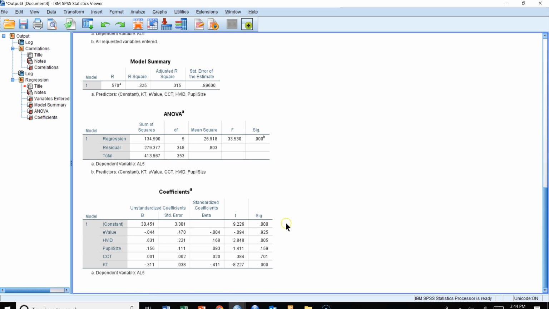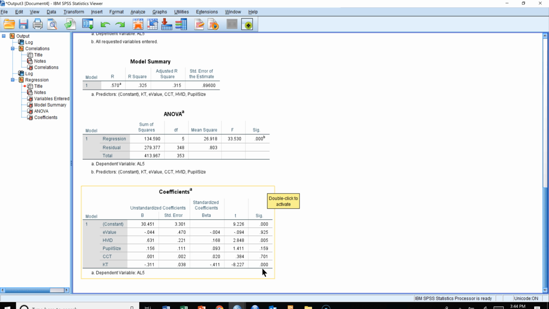So we run it, and we've accounted for 32% of the variance, and that's significant. Overall, the model is significant. But when we look at the individual values, we only see that HBID and KT are significant.